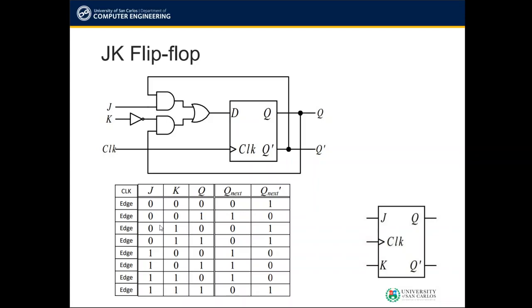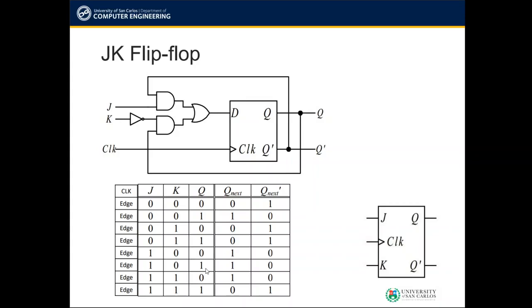And then if the value of your JK is 0, 1, what will happen to your present Q? It resets the value to 0. And then 1, 0 for JK, it sets the value to 1 from present to next.